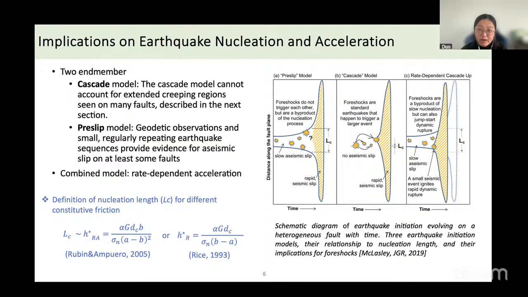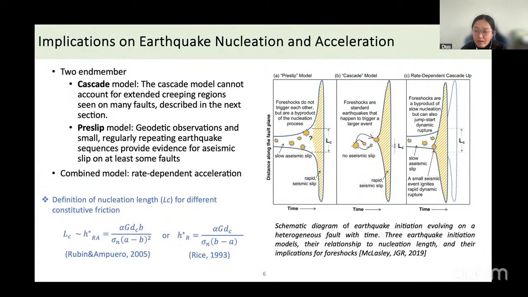So it will generate this slow creeping slip before the earthquake, and this aseismic slip will increase the loading on the small patches, and it will force the rupture on these small patches, which is the foreshock, and then it will lead to the final runaway rupture.